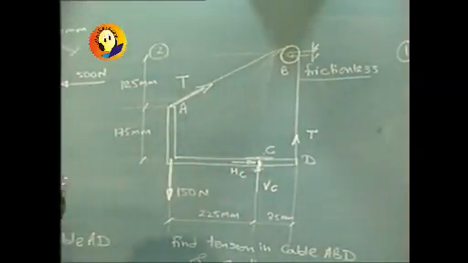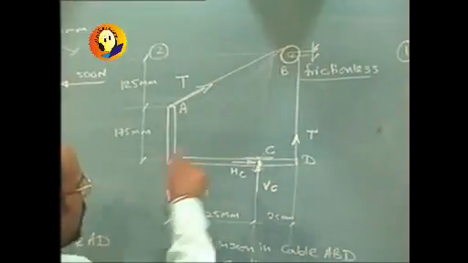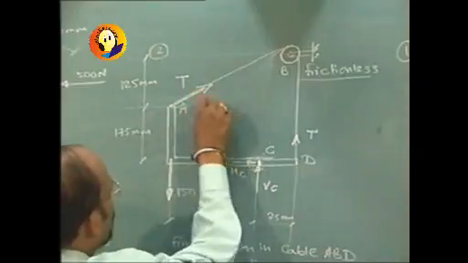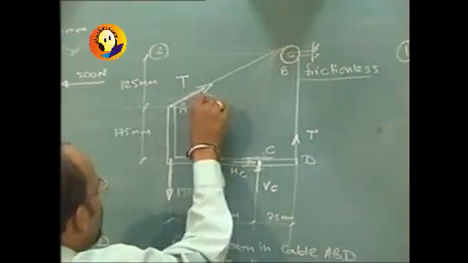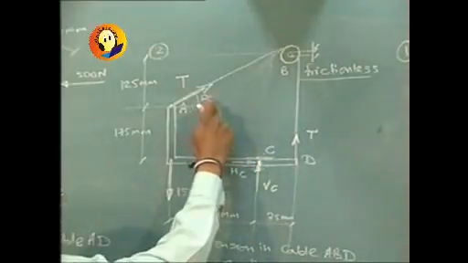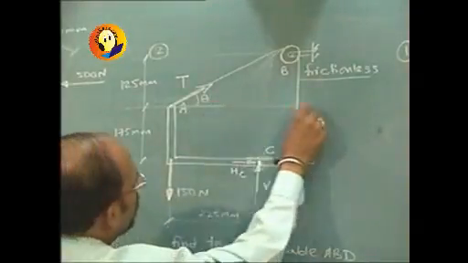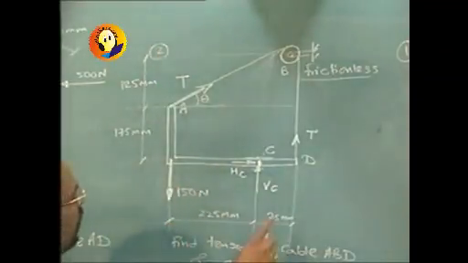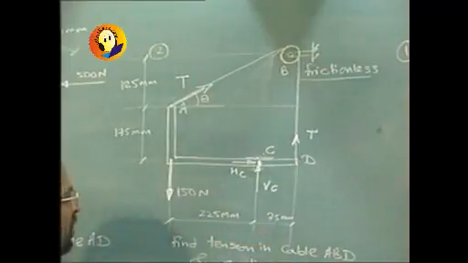Now I am also going to remove this particular pulley B, but I want this angle because tension is going to make some angle over here. Here the tension is acting vertically. This angle theta can be found out because we know this vertical distance, which is 125, and the horizontal distance as 225 plus 75, that is 300.